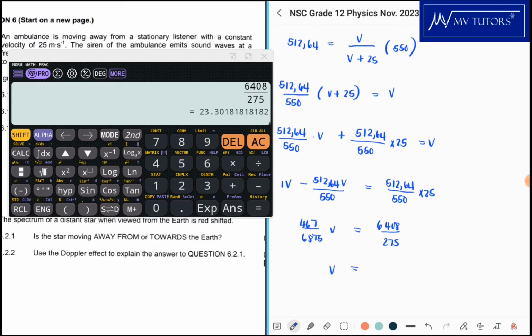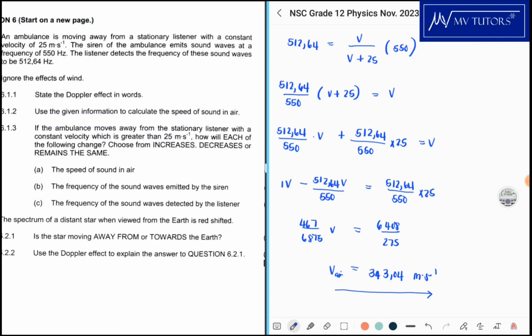So now the speed of sound in air, I'm just going to take this value over here and divide it by 467,6875. And what do we get there? 343,04. Normally they like giving us the speed of sound in air, and it's normally between 340 and 343. So I would be very confident if I got this answer when I calculated.